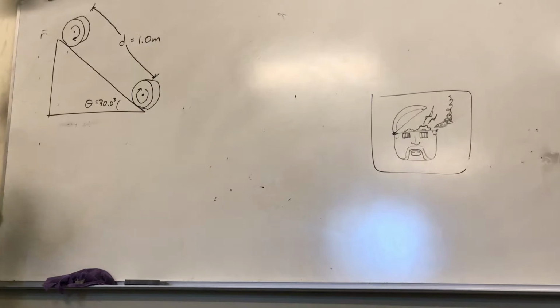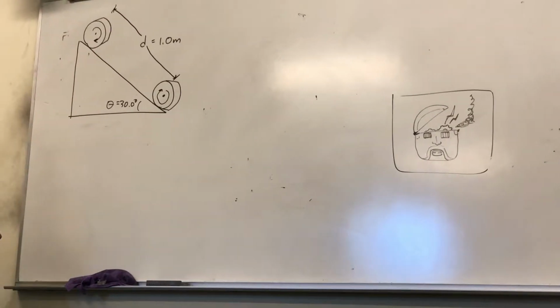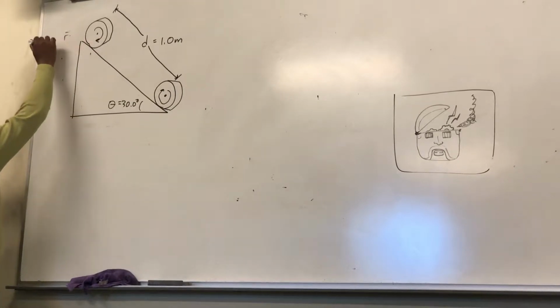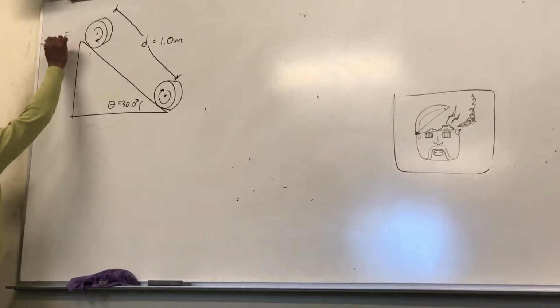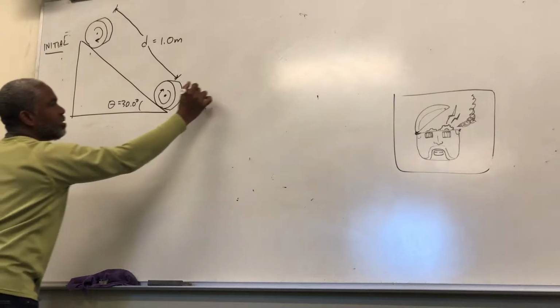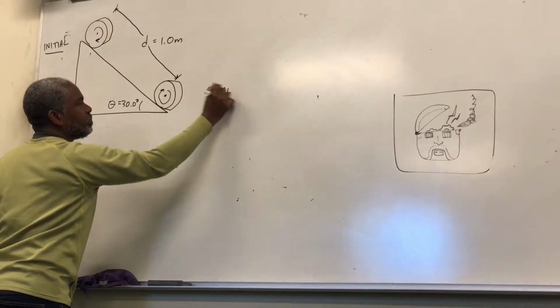Whenever there's a change of potential energy, you should consider using conservation of energy. Whenever there's a change of speed, consider using conservation of energy. So in this problem, I'm going to use conservation of energy to solve. I'm going to call a point up here my initial point, and this point my final point.